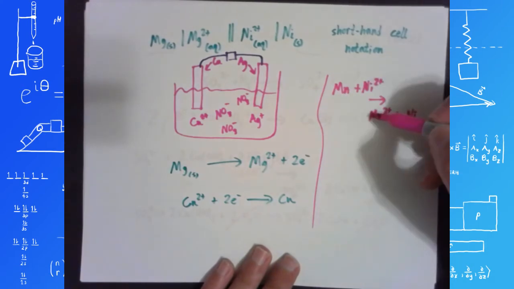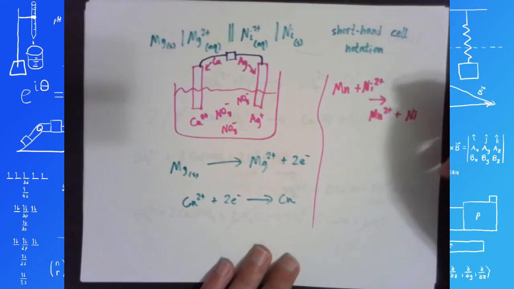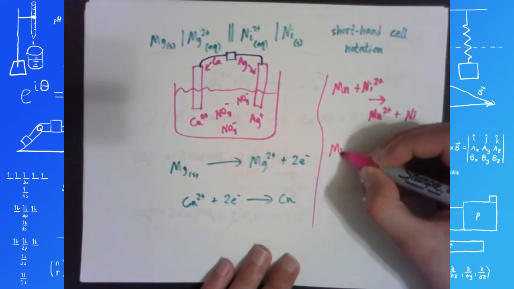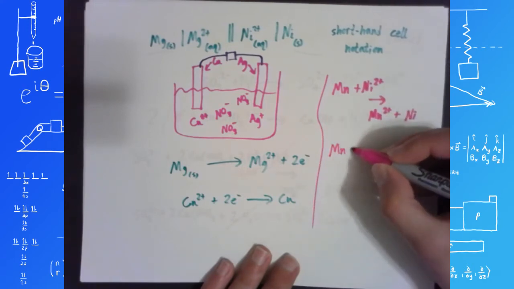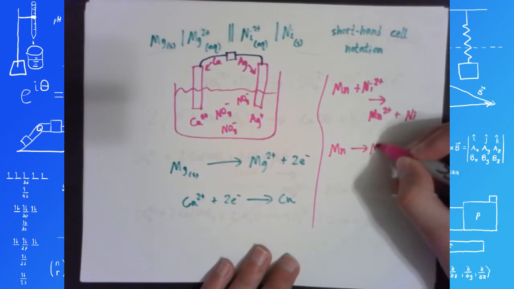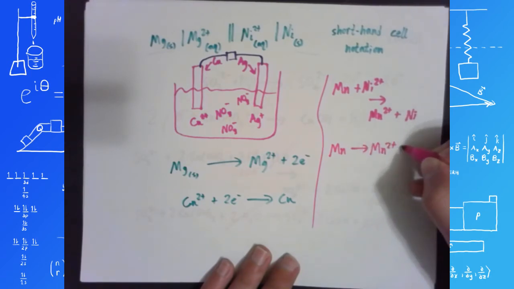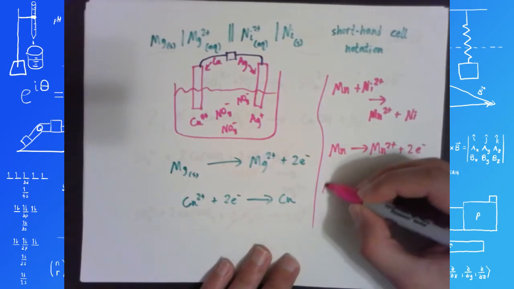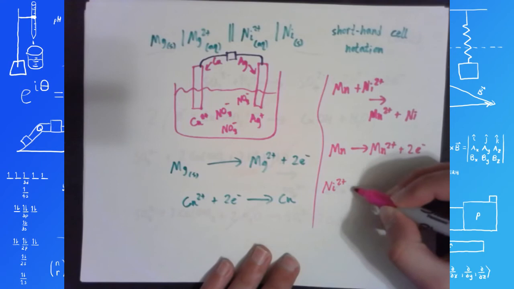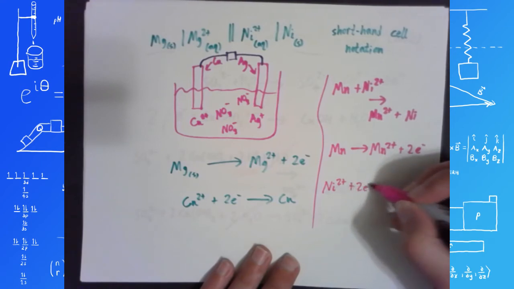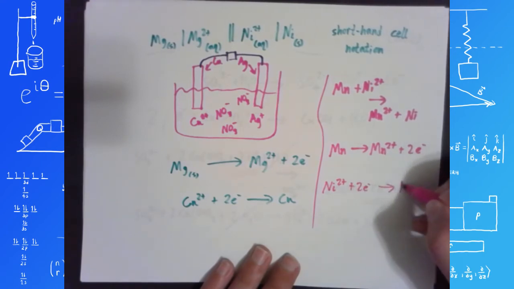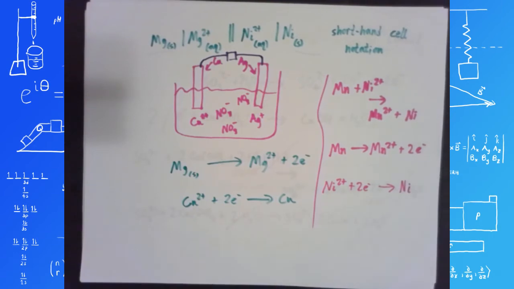Manganese loses 2 electrons, nickel gains 2 electrons, so the half reactions are manganese turning into manganese 2, producing 2 electrons, and nickel 2 gaining 2 electrons, producing nickel metal.